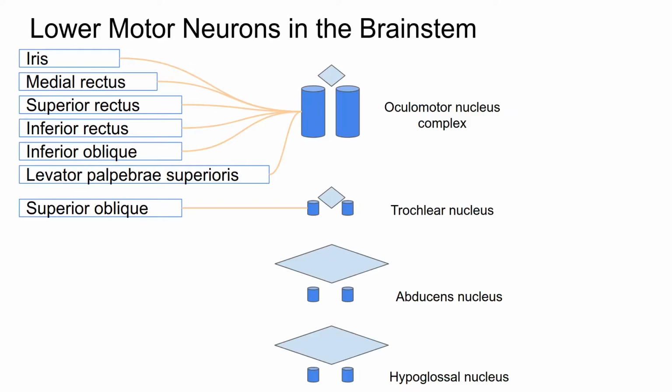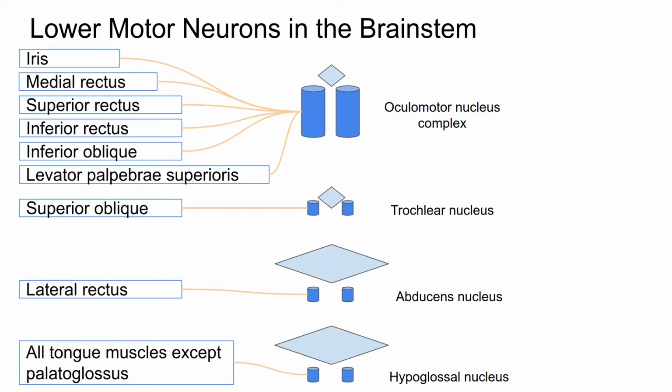Whereas the superior oblique and the lateral rectus are respectively controlled by the trochlear nerve and the abducens nerve nuclei. And to complete the picture, all the tongue muscles except the palatoglossus are controlled by the hypoglossal nucleus.